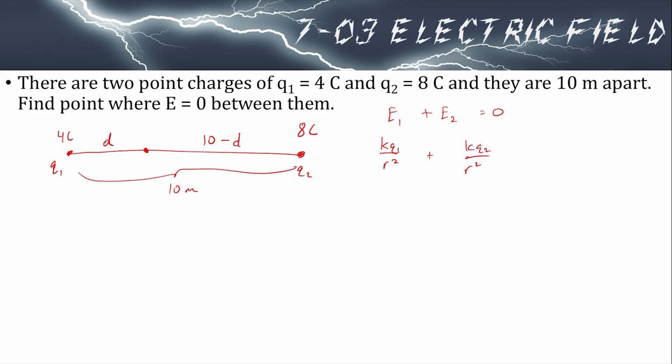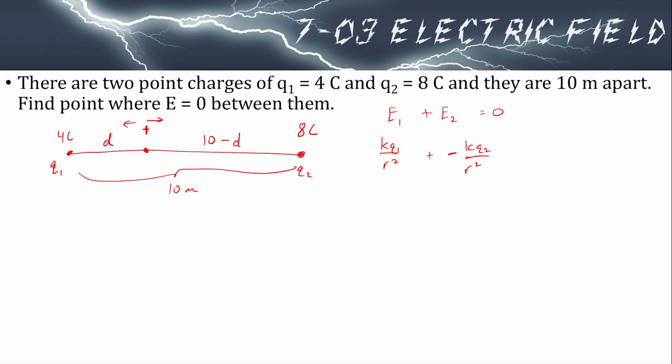But we do need to worry about direction. So our test charge is positive. If I had a positive charge there, the 4 coulomb is going to push it away towards the right. So I'll call that one positive. The 8 coulomb charge is going to push it towards the left.